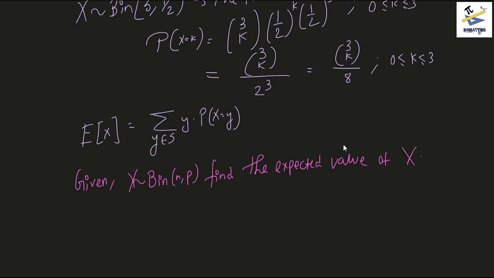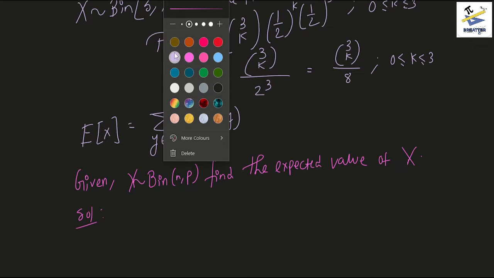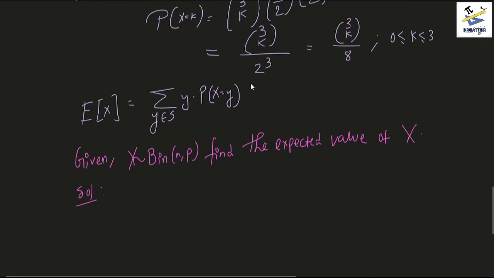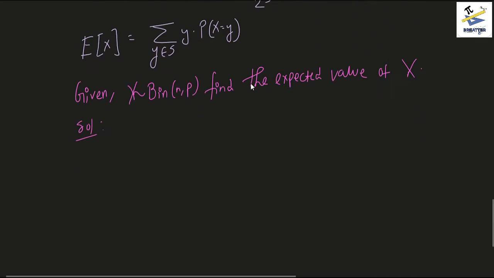So how do we do this? Let's give the solution to this, and this would work for all other cases as well. In binomial distribution, this would be a standard formula for you to use whenever you can model a problem as a binomial distribution. You can use this formula directly. You just have to mention that this formula and the statement, and then you can use it. I do not think any proof is required whatsoever until and unless it is mentioned.